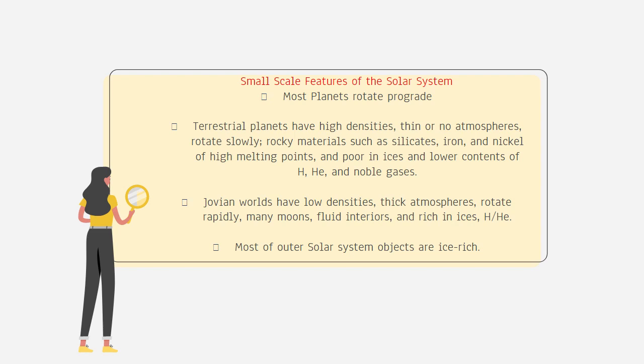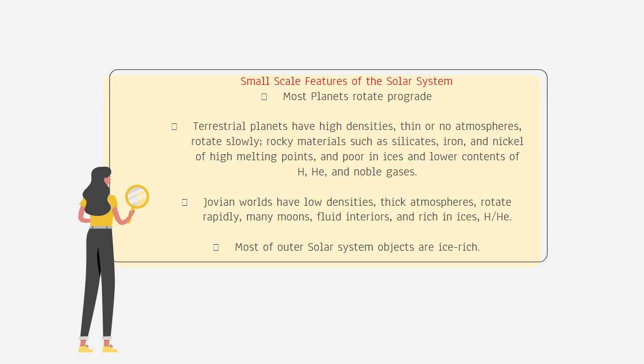The Jovian worlds have low density, thick atmosphere, rotate rapidly, and have many moons, fluid interiors, and are rich in ices. Most of the outer solar system objects are ice rich.